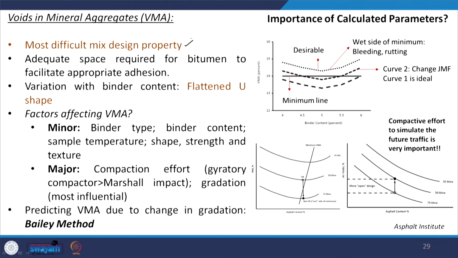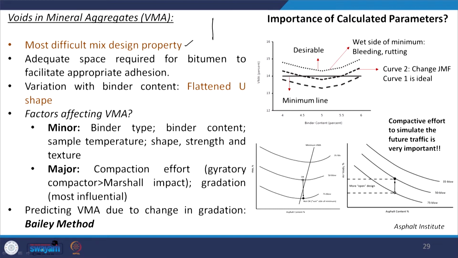So, we will have a very dense gradation, but we have also discussed that in bituminous mixture we require space, and this space is actually required to incorporate binder and to incorporate some air voids. Therefore, this total space which is available is defined as the voids in mineral aggregates, voids between the mineral aggregate particles.